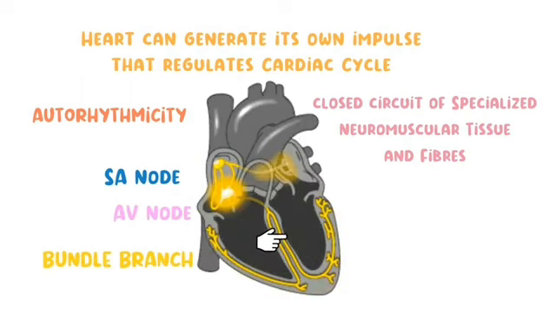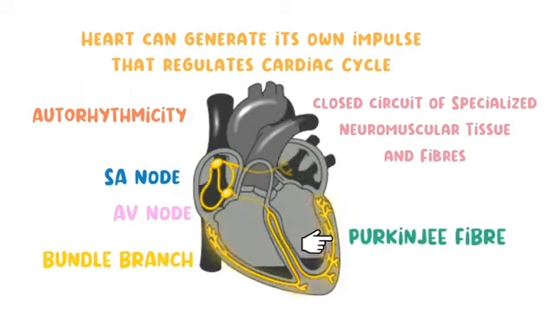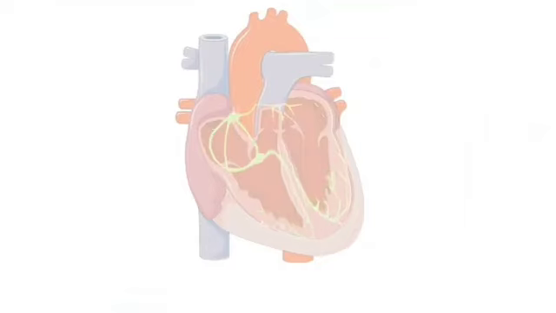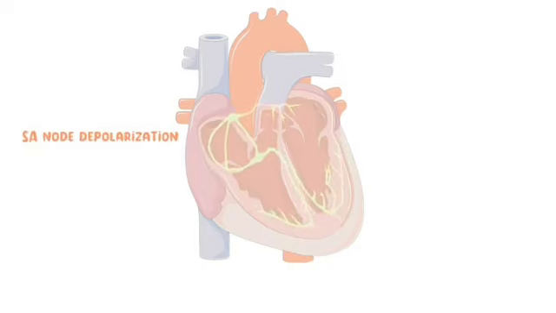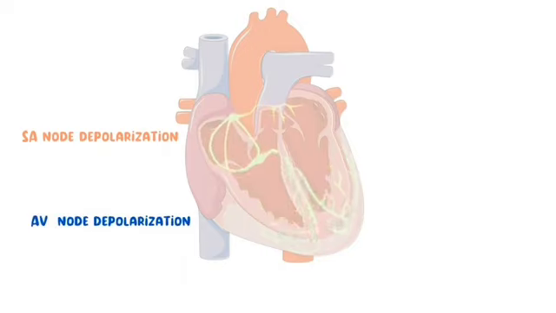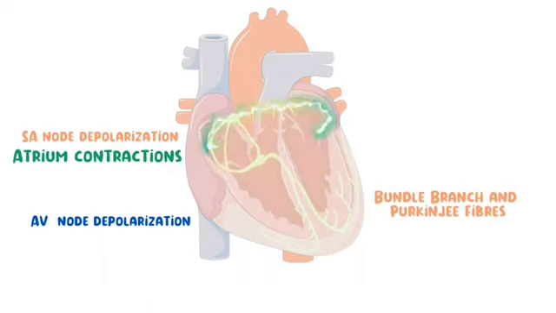When the SA node depolarizes, it gives a signal to the AV node through electrical impulses, which causes the AV node to depolarize and give a signal to the bundle of His, bundle branch, and the Purkinje fibers. Transfer of the electrical signal from the SA node to the AV node causes atrium contraction. From the AV node to the bundle branch and Purkinje fibers, it causes ventricle contraction, and when there is no charge, it causes complete cardiac rest.